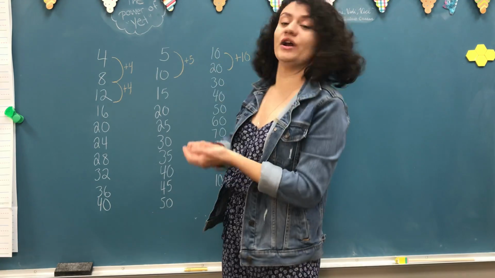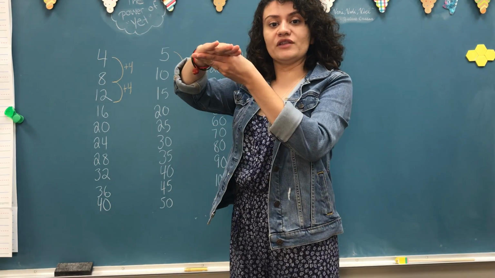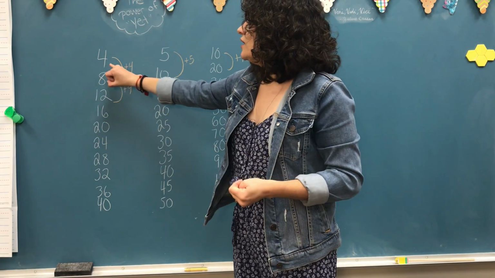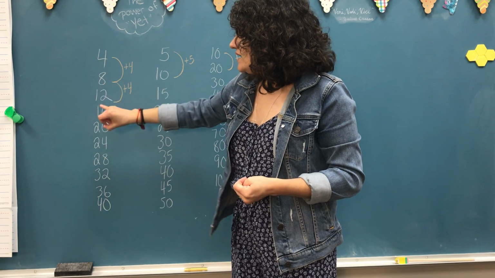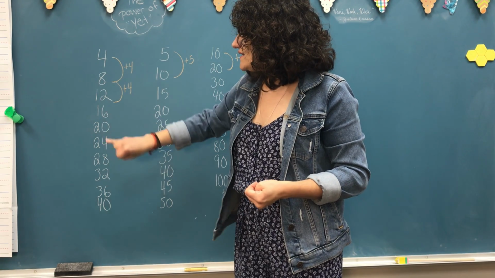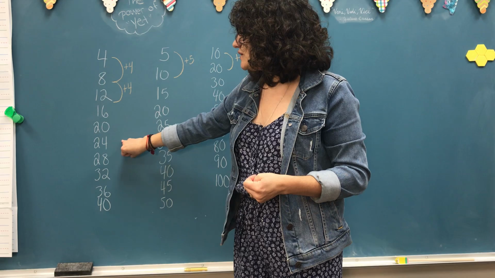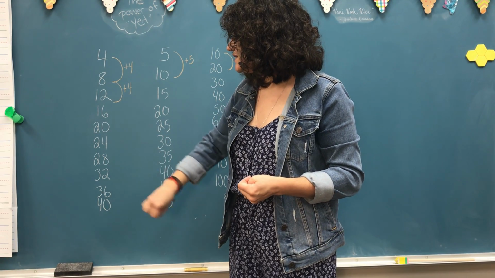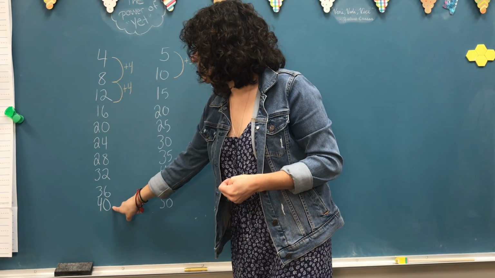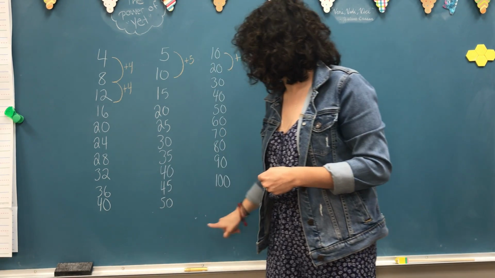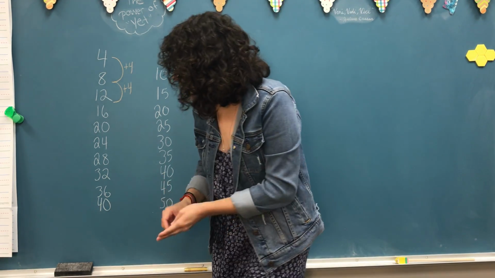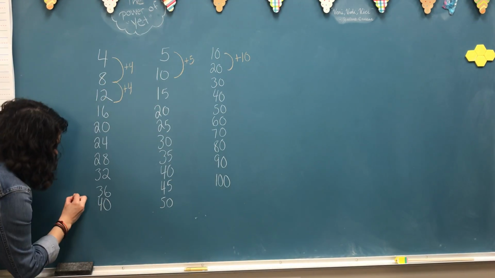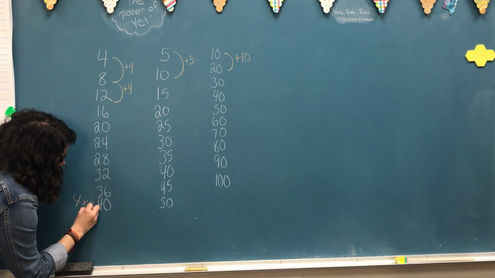So with 4, right, you're going to start at 4, that's your starting spot. 4, 8, 12, 16, 20, 24, 28, 32, 36, 40. And notice how we'll always stop at 40 or 50 or 100. That's because that is 4 times 10.